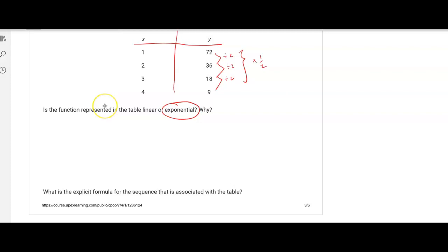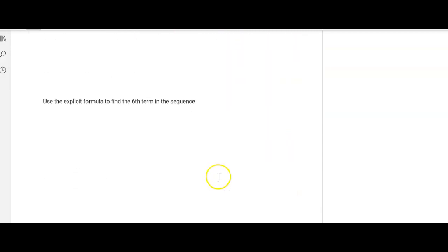So what is the explicit formula for this? It would be a sub n equals, what did we start with? 72 times 1/2 to the n minus 1 power. Remember, this is your initial amount. This is your rate of growth. All right?